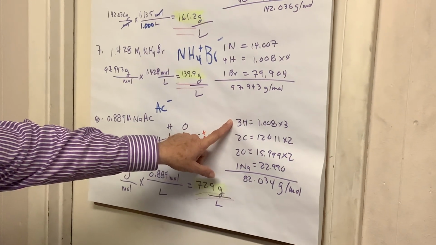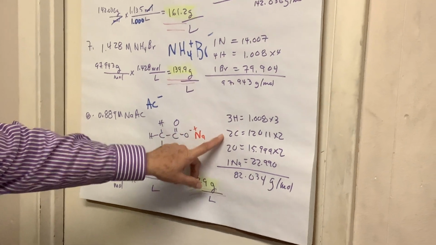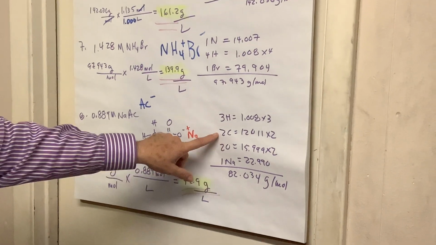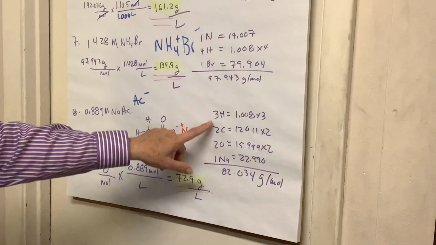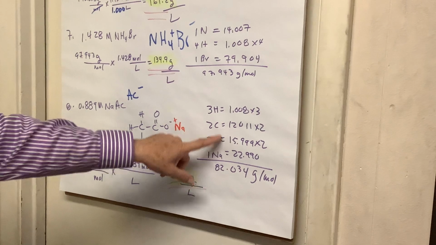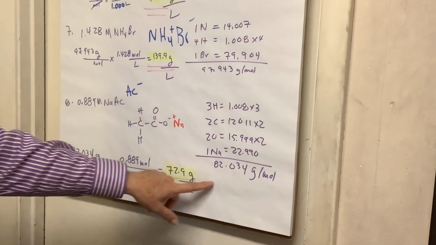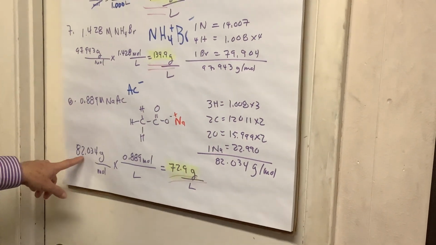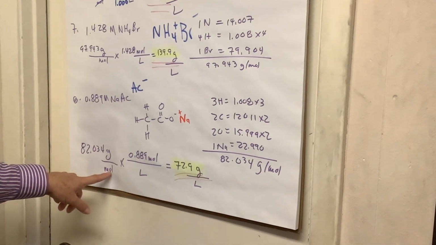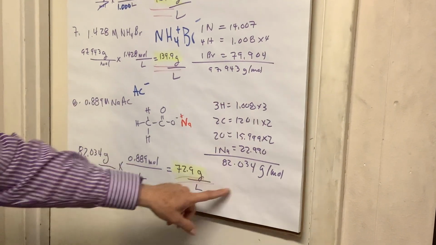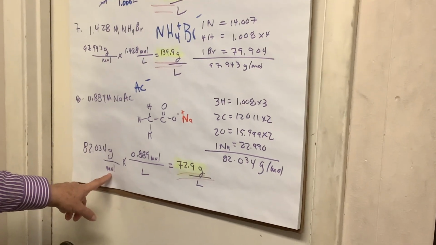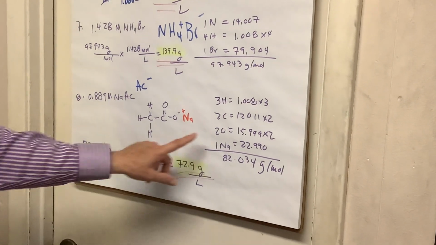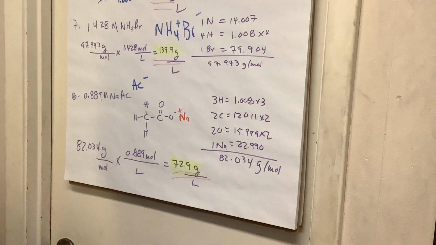It adds up to, these are all first, second, and third period elements. First period, hydrogen, because that's only hydrogen, helium. Carbon and oxygen are second period. This is element number 6, element number 8. So these are smaller elements, and you can see all of these atoms together only add up to 82.034 grams with the accuracy of the periodic table I used. Grams per mole. That's what we can use those atomic masses for.